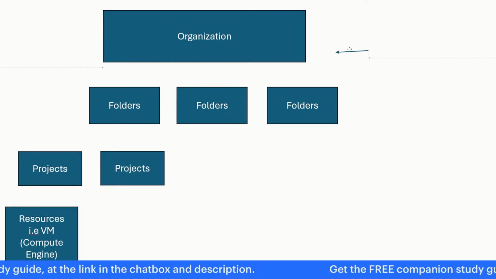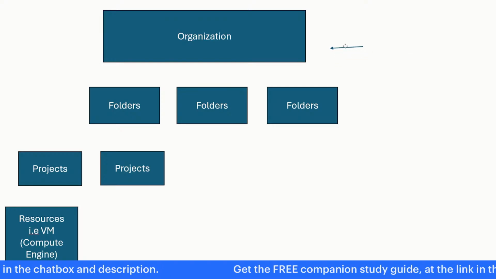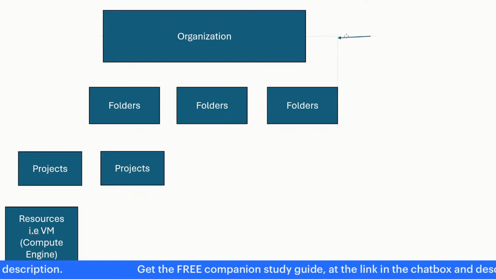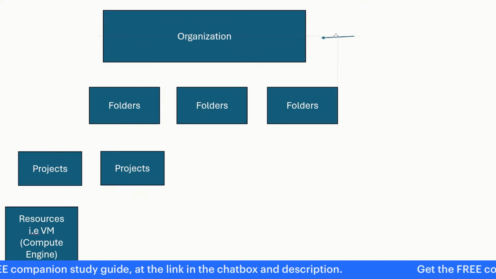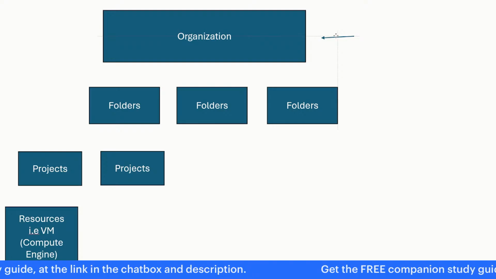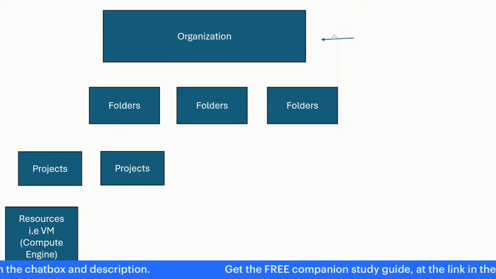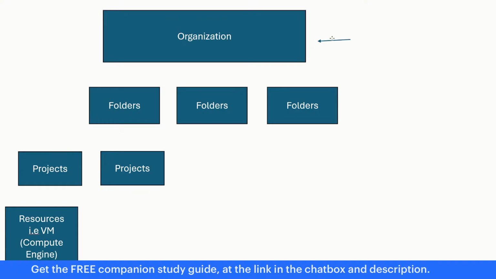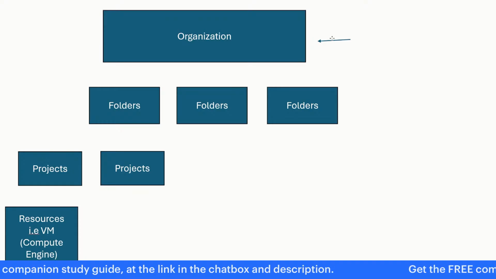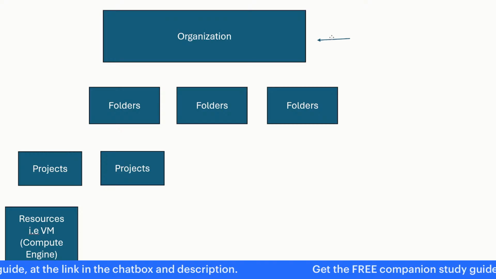Now, at the organization level, this is the root, top-level element of this resource hierarchy. I know I talked about it earlier, but now I wanted to give you a little more information about each section, after first explaining it at a high level and then talking about why we need these resource manager type things from an architecture perspective. So now let's talk about the organization. That's the root, the top-level element.